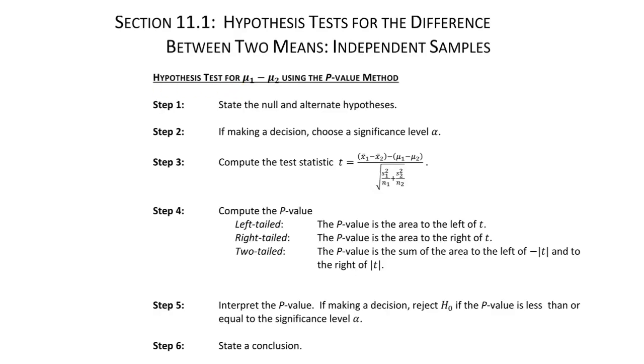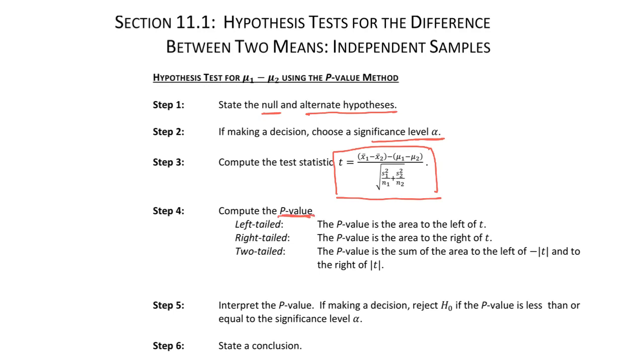Hypothesis test for the difference between the population means using the p-value method. Let's look at the step-by-step procedure. First, state the null and alternate hypotheses. Then choose the significance level alpha. Then compute the test statistic using this formula. Compute the p-value.